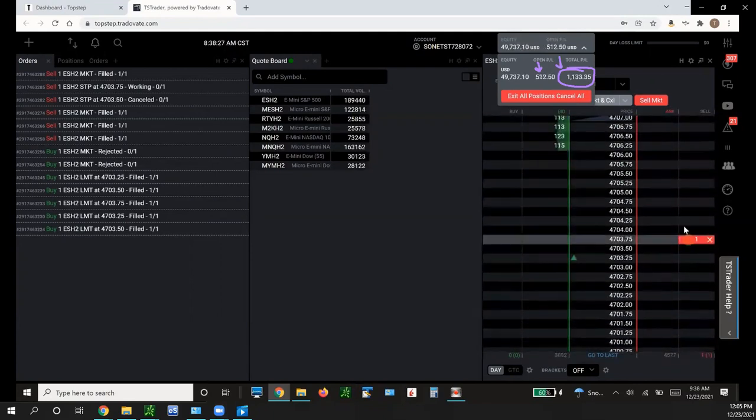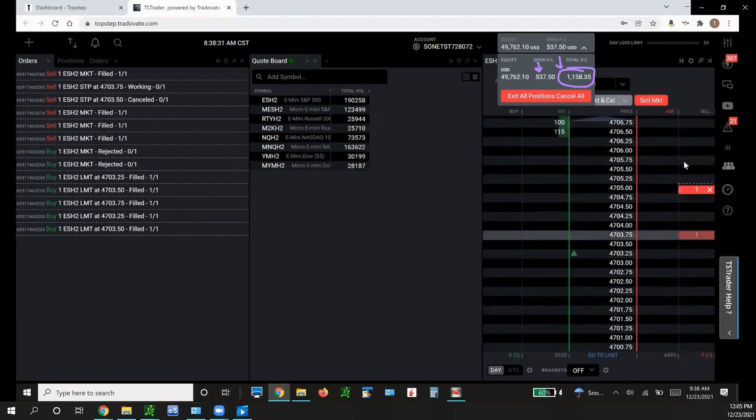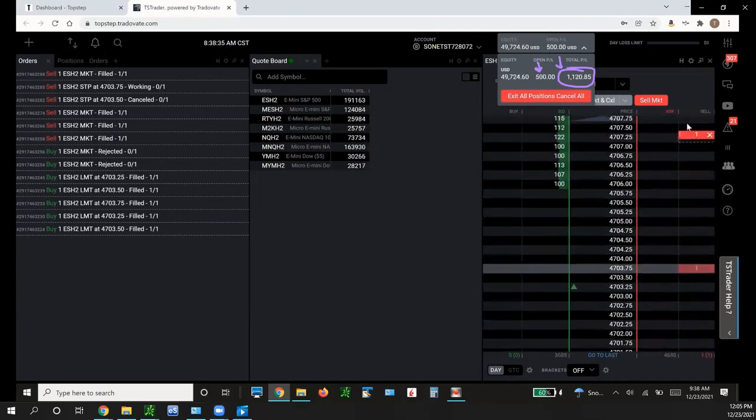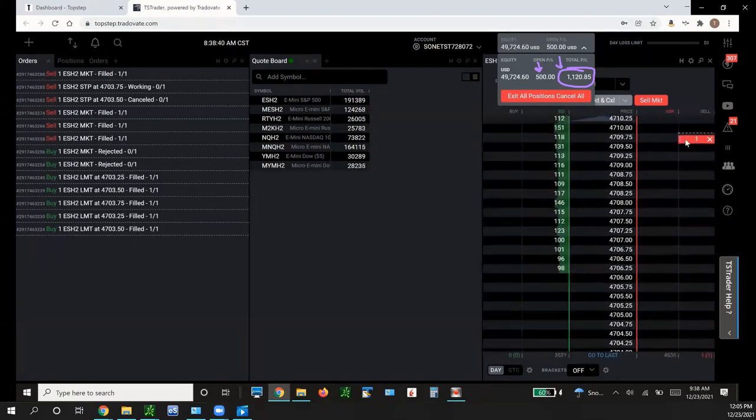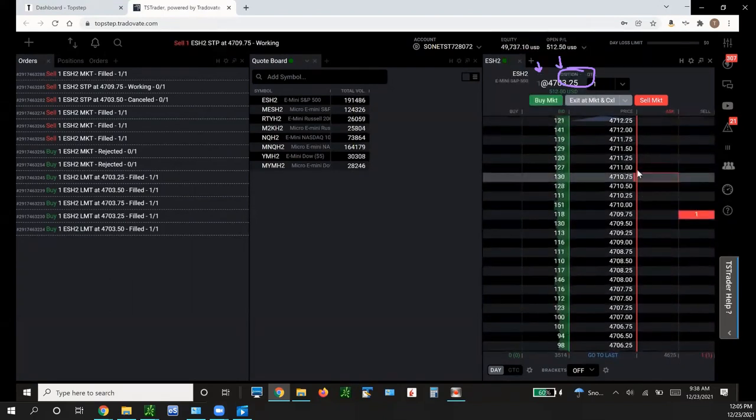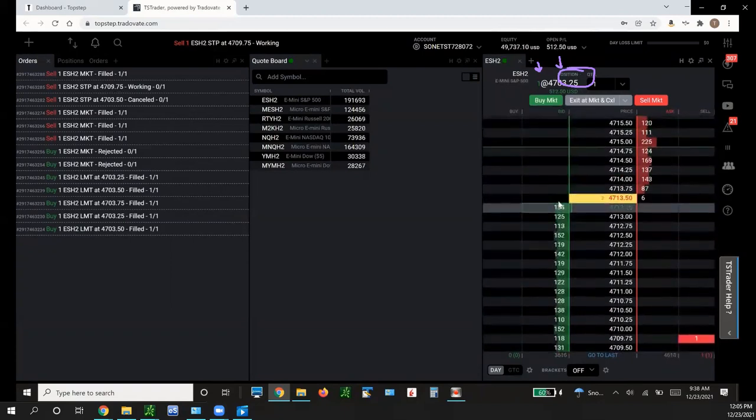And here I'm going to move up my stop. So it's a trailing stop. I'm going to move it up so that I guarantee myself a decent amount of profit as well on this last remaining contract. So now I moved up my stop to 4709.75.